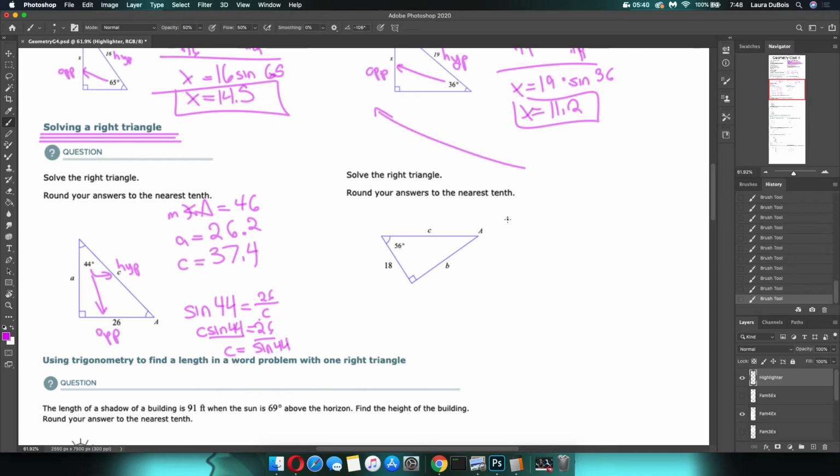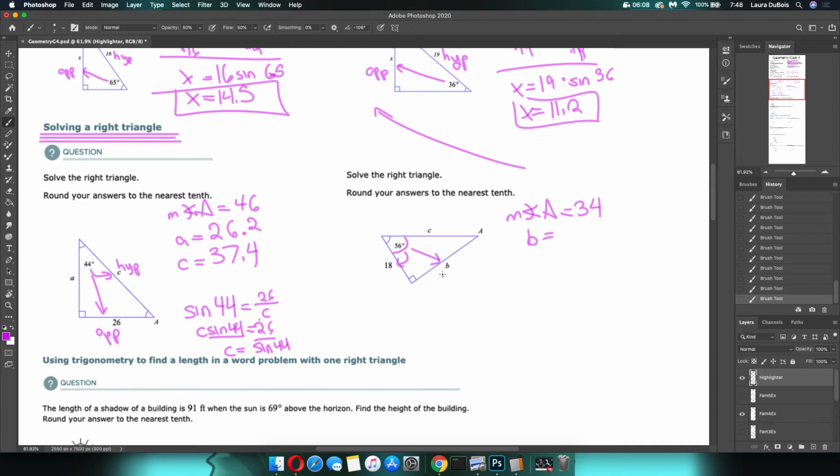So let's see here, the measure of angle A is going to be 34, because again, 180 minus 90 minus 56, okay? And now next up, let's look for B. So B, there's the angle, there's the B, and there's the number.